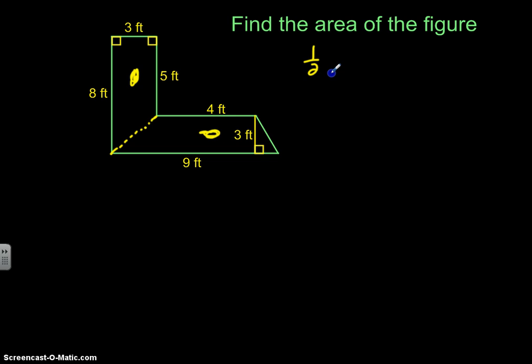So 1/2. The trapezoid base 1 is 5, base 2 is 8. That's 13. So it's 1/2 times 13 times 3, right? 13 times 3 is 39. Half of 39 is 19 and a half. Next, 1/2. Base 1 plus base 2 is 13.